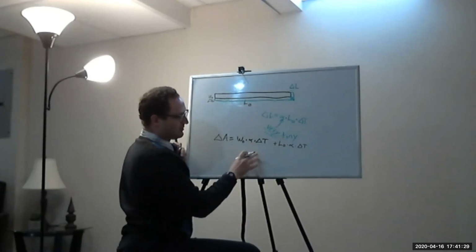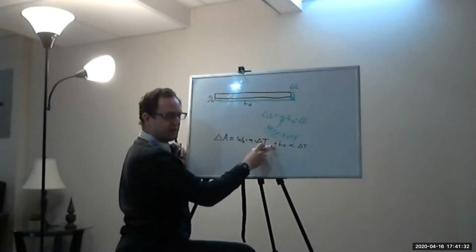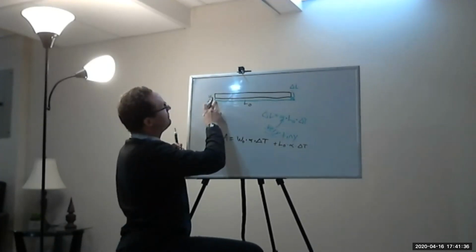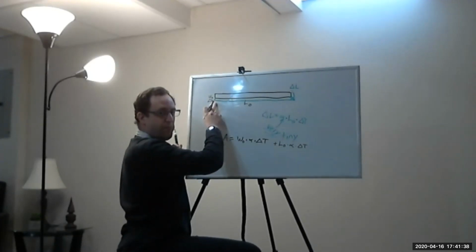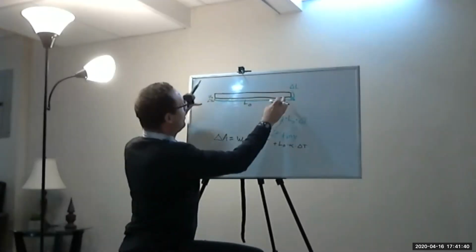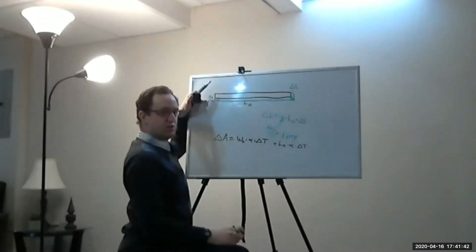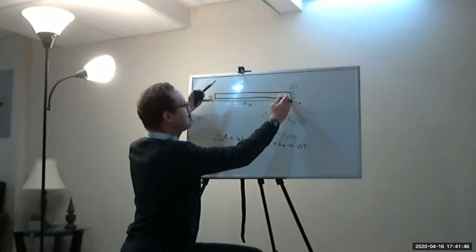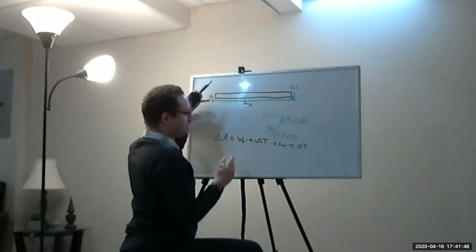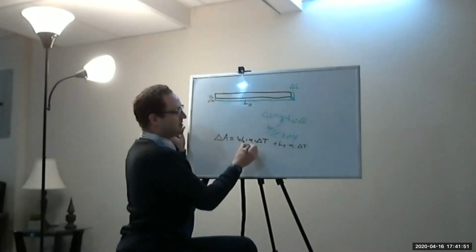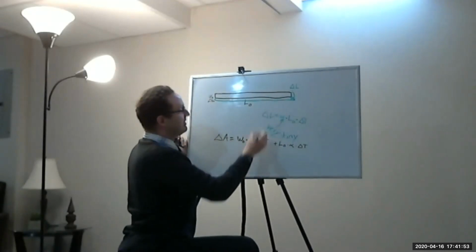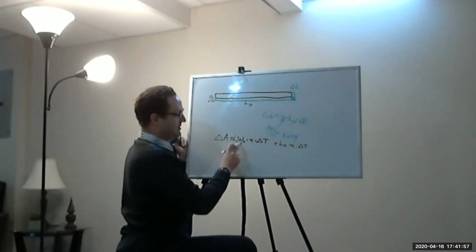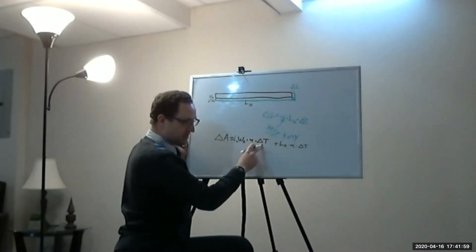But wait, do I want plus here? Let's think about what's going on. When I have this expand, I'm not only having this length change, but if I'm looking at the area, I have basically this entire section growing. And so it's not just W naught times alpha times delta T. If I'm looking at the area, it's actually L naught times W naught times alpha times delta T.